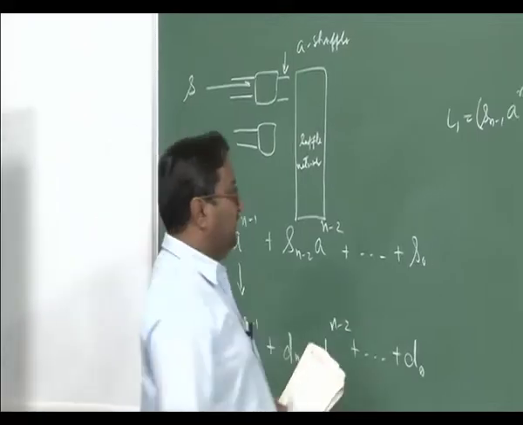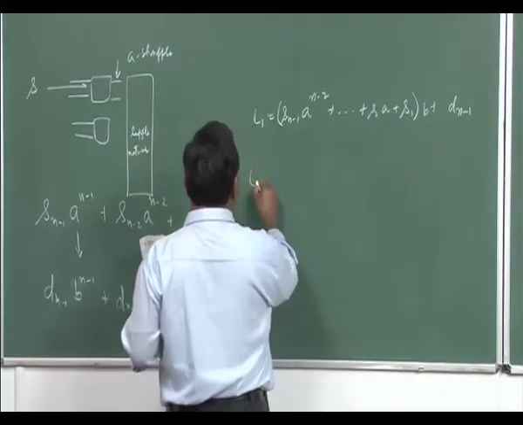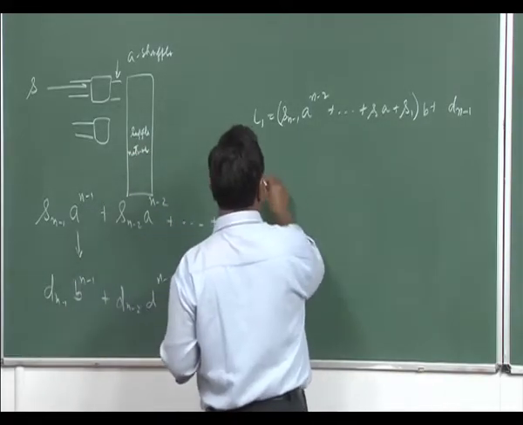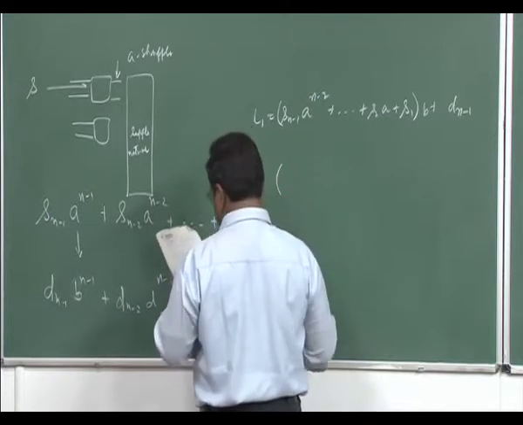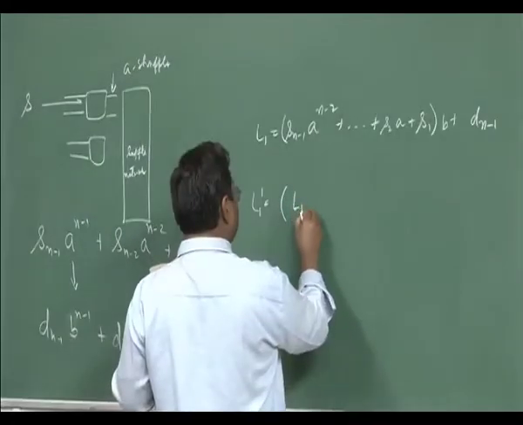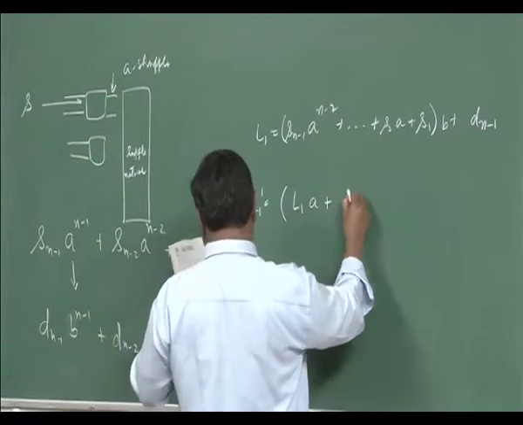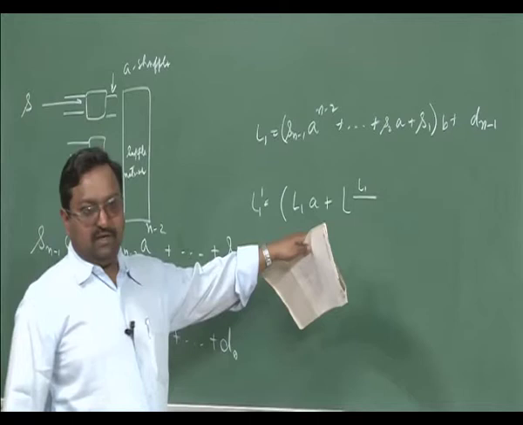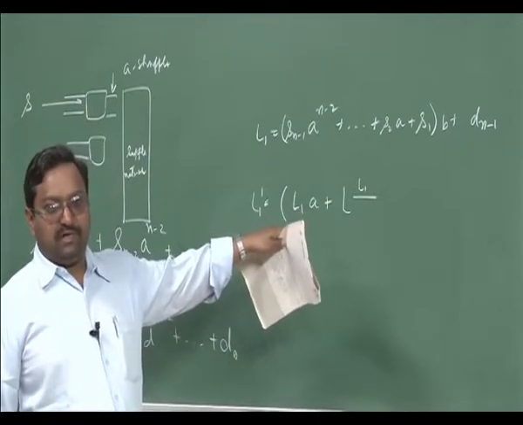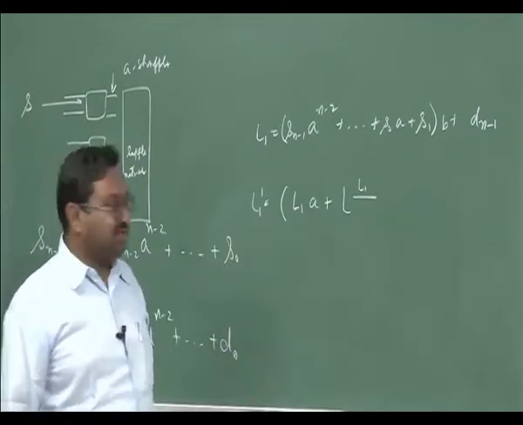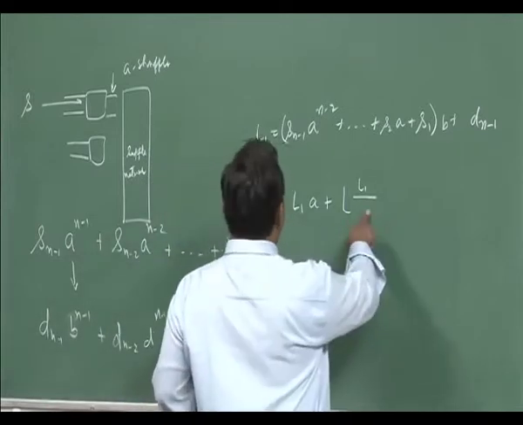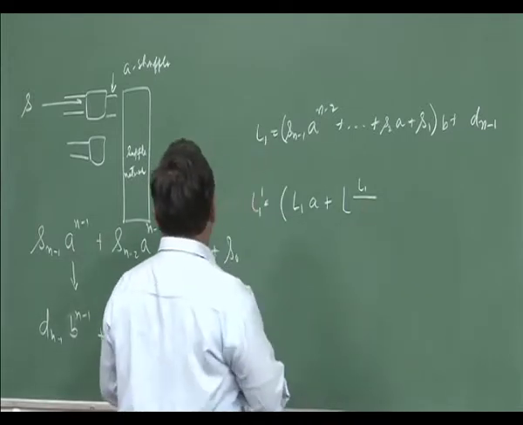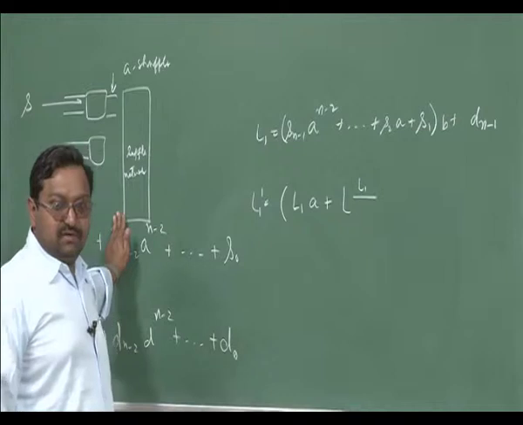Once I did the A shuffling, I used the formula for L1 prime. I simply used L1 into A plus L1. If you remember, for a Q shuffle it has to be an R, and Q into R is the total number of elements. So it has to be whatever is the total number of elements divided by A, because I am using an A shuffle.